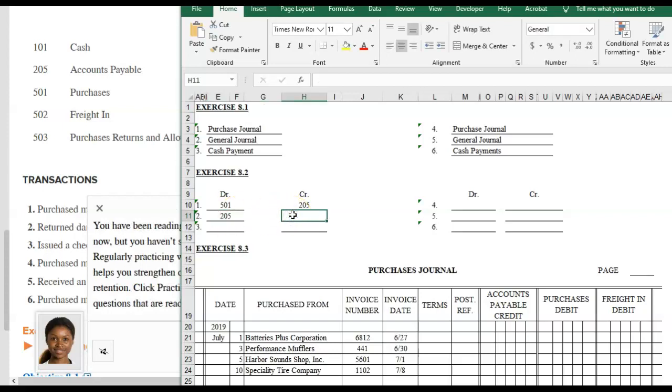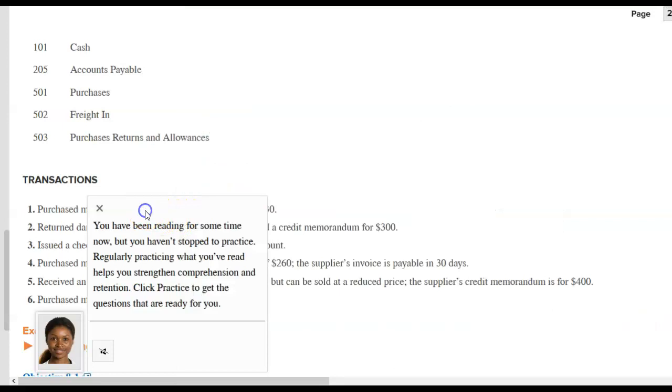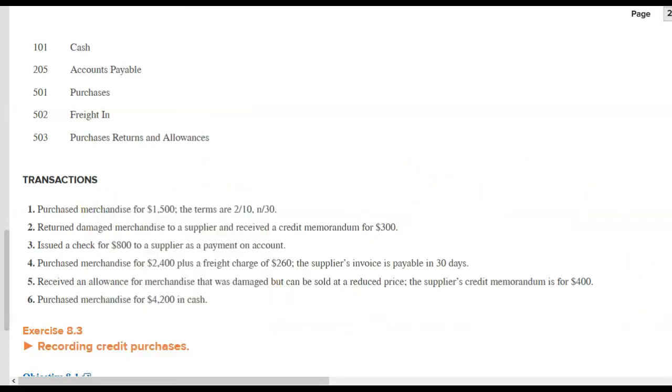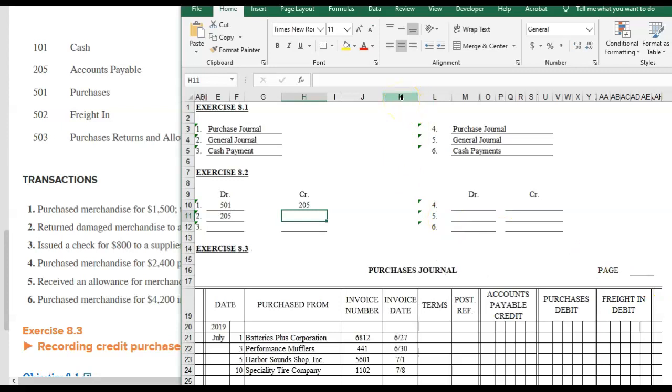So that's the debit side. On the credit side, we are doing a merchandise return, the purchase return and allowance, which is account 503, always a credit.